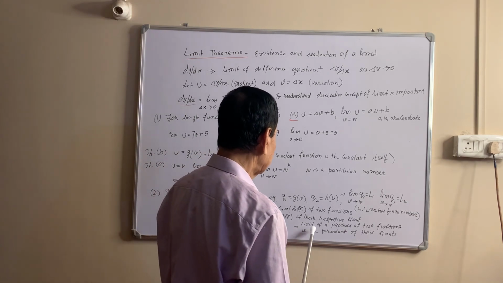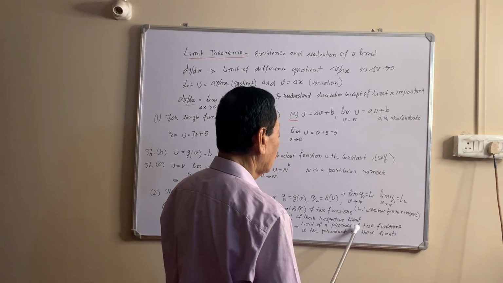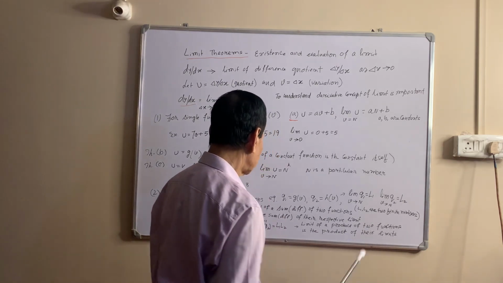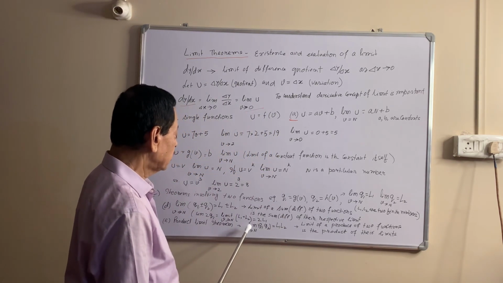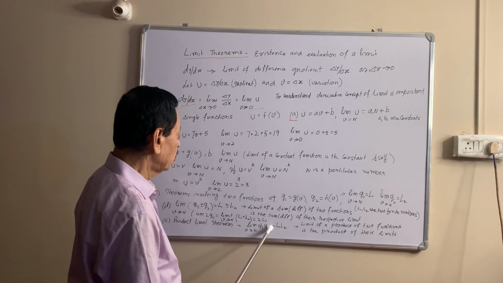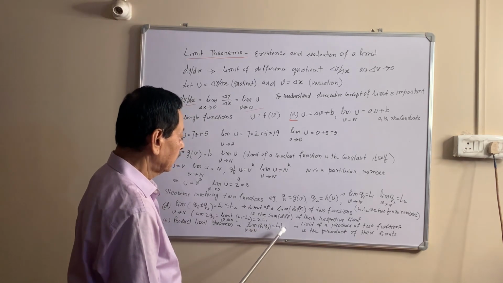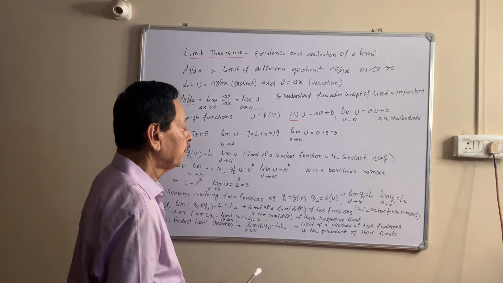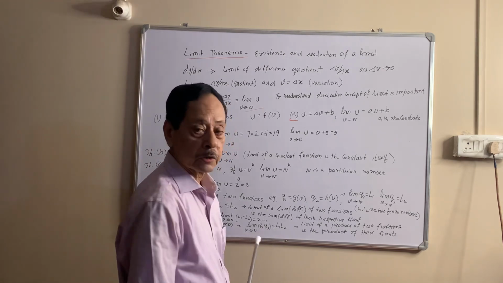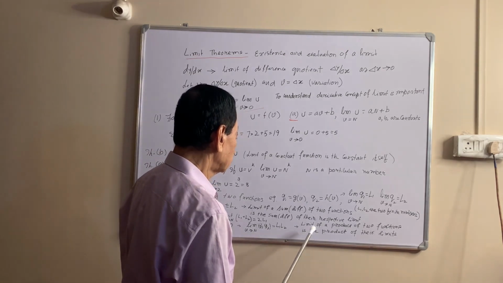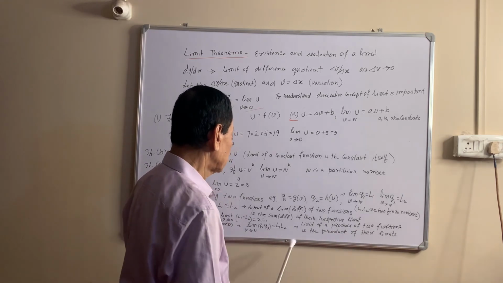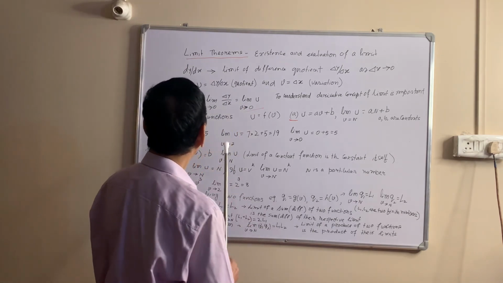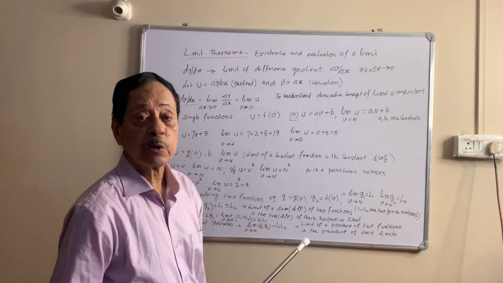The inference is that the limit of a product of two functions is the product of their respective limits. So this is all about limit theorems.